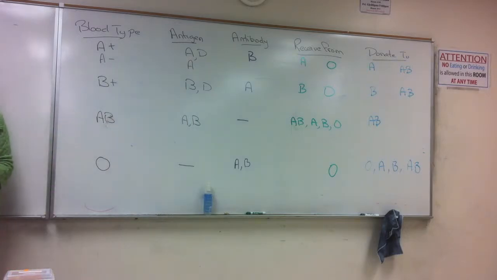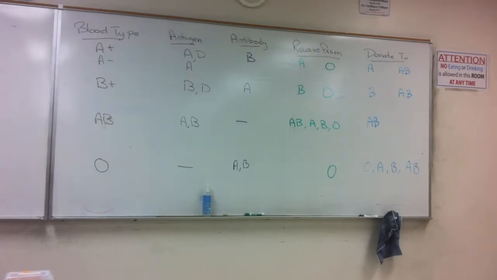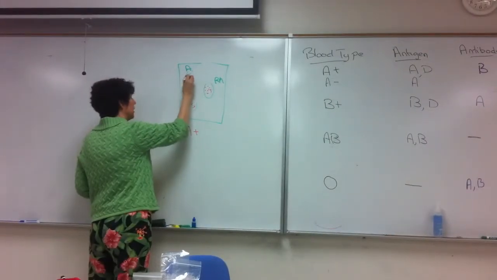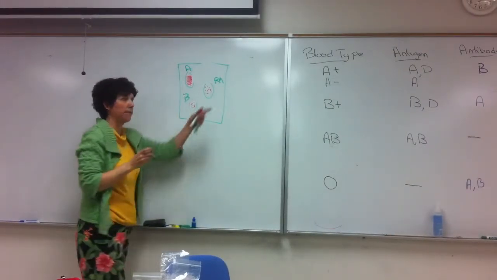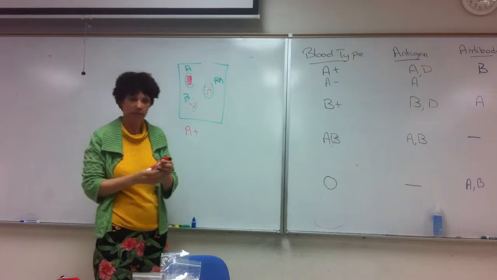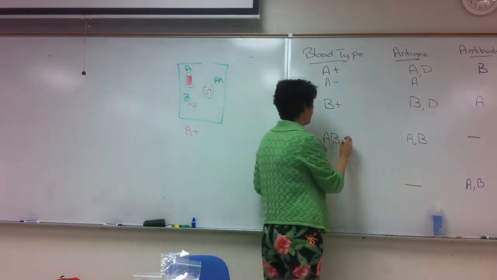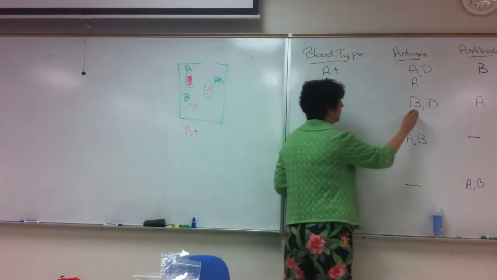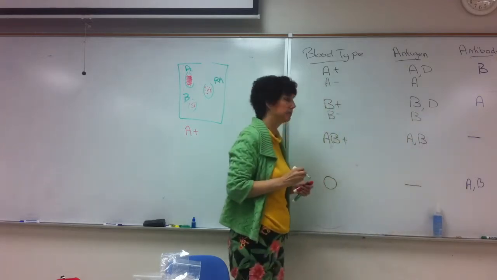So when I do this blood typing here, if my blood type is B positive, I'm going to show agglutination for the B antigen, the RH. Whoops. You got it backwards. Thank you. I'm going to show agglutination for B and RH, but none for A because I don't have the A antigen. If my blood type is B negative, I have only B.